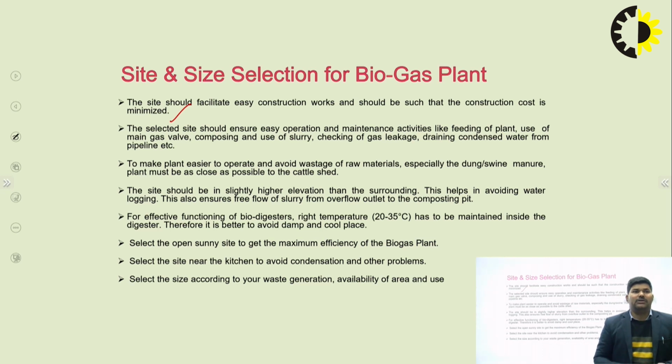The site should also allow easy operation and maintenance activity, like feeding of the plant, gas valve opening, composting of the slurry, checking for gas leakage, and draining of condensation water from the pipeline. The plant should be selected near the kitchen to avoid condensation and other problems, and the size selected according to your waste generation and usage. So these are some useful points.